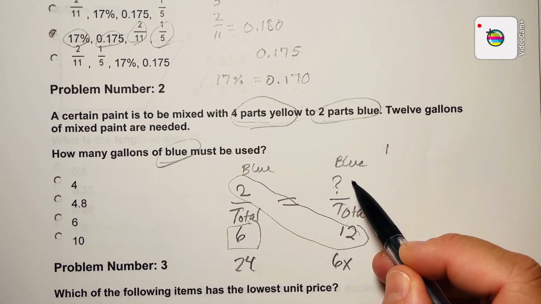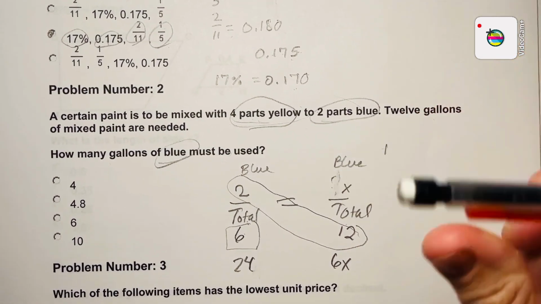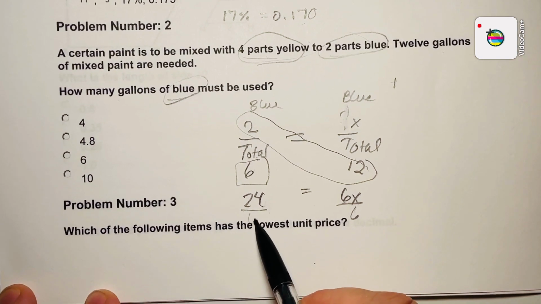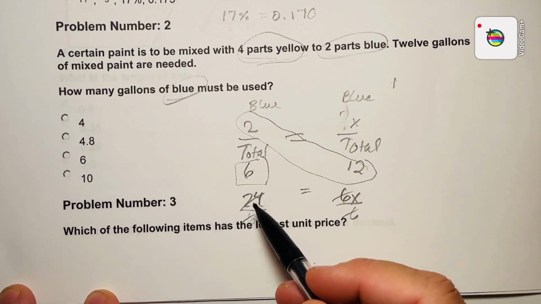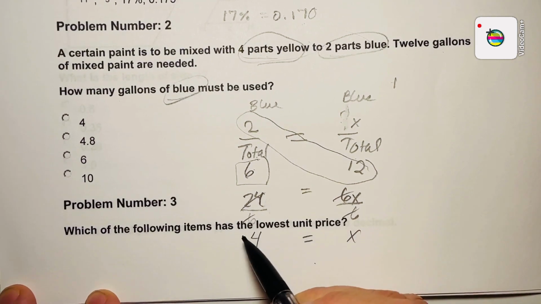The unknown should probably be identified with a letter x, so I'm going to erase that. Put x. And then to solve, we have to divide both sides by 6. This 6 cancels out. This 6 goes into here 4 times. X equals 4.